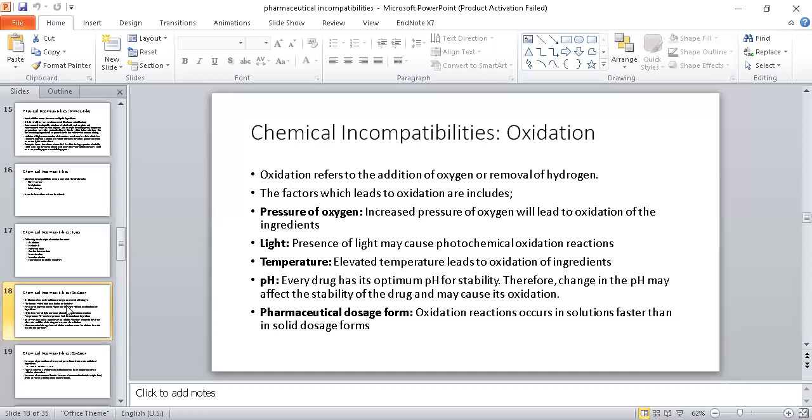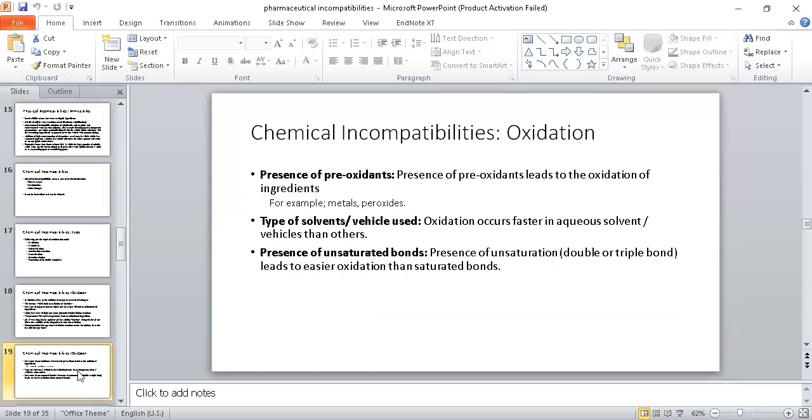Pharmaceutical dosage form. Oxidation reactions occur in solutions faster than in solid dosage forms. Presence of pro-oxidants leads to oxidation of ingredients, such as metals and peroxides.